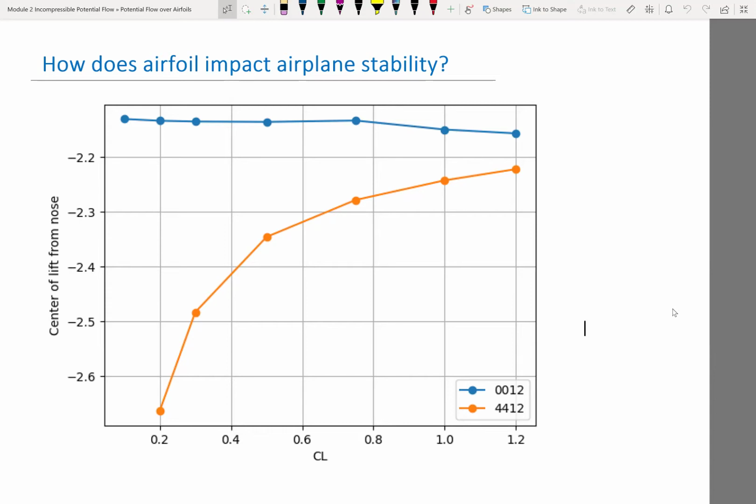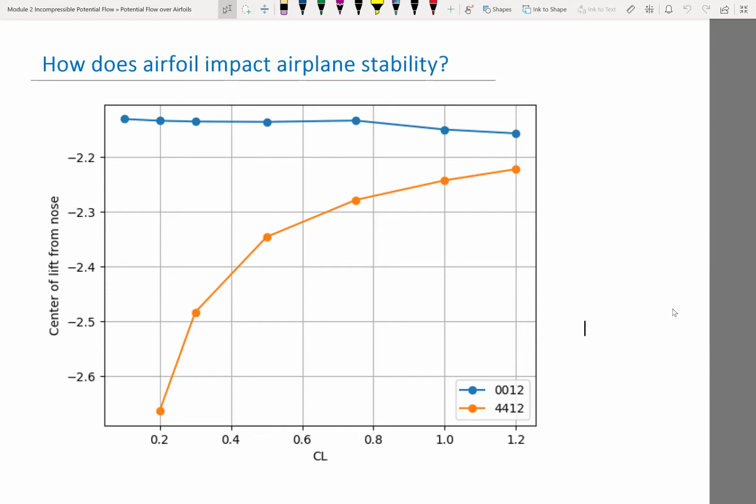If you pitch up a little bit, the angle of attack increases, you get higher lift. But more important is where that higher lift is. If the higher lift has a contribution upstream, it'll push the airplane nose up even more. So if you pitch up more, the lift makes the airplane pitch up even more. You have an unstable situation.